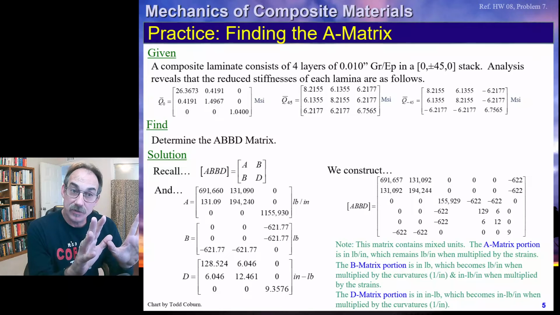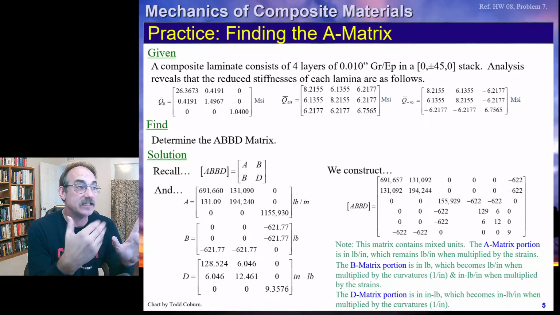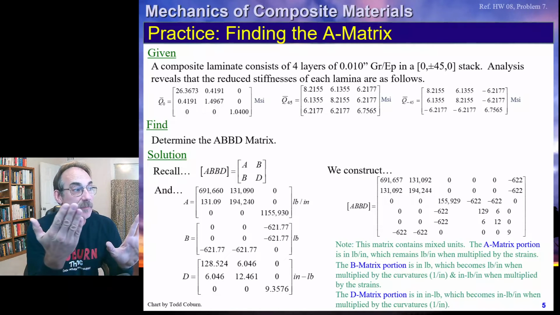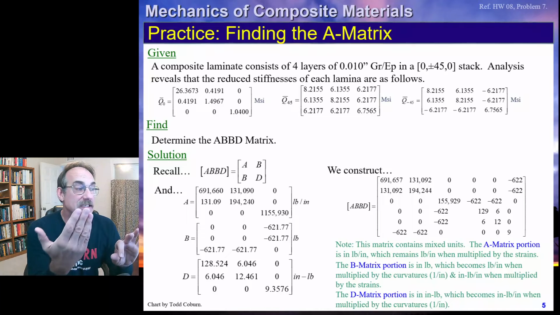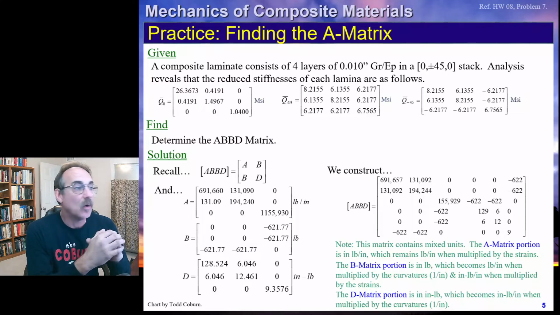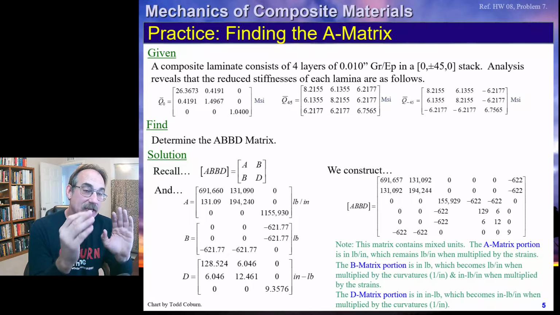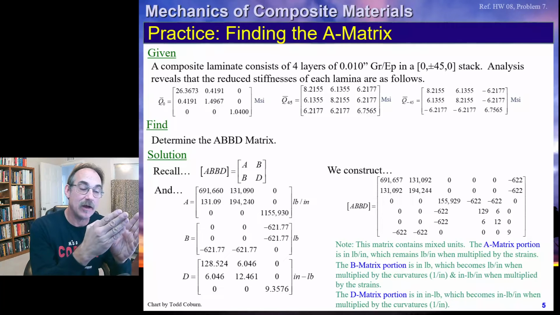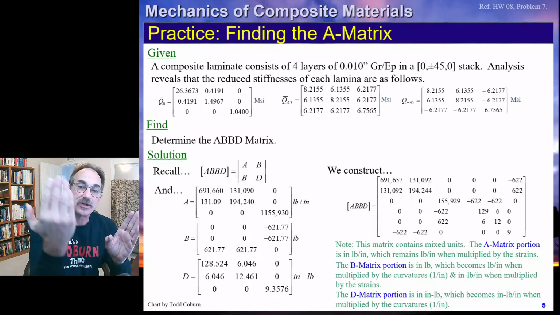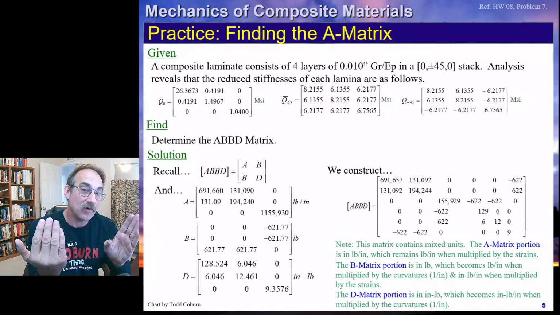Now all we've got to do is make sure that we're consistent. When we showed these matrices earlier, we were showing some of them in units like kips per inch. But here we need to make sure that we're consistent, even though we have pounds per inch, pounds, and inch-pounds, and our strains are in inches per inch or 1 over inches.